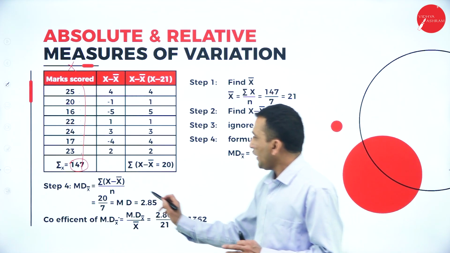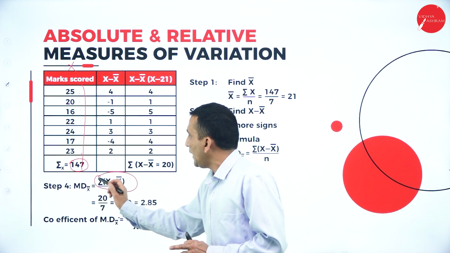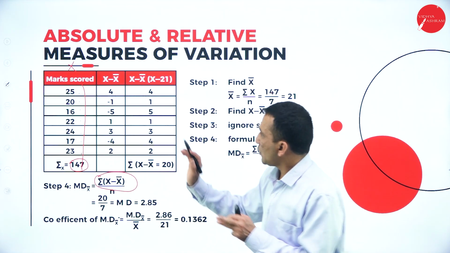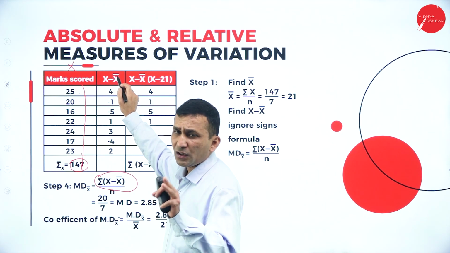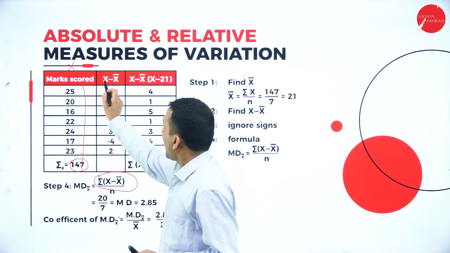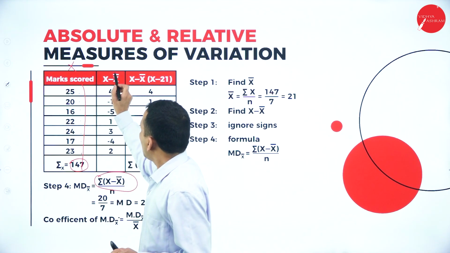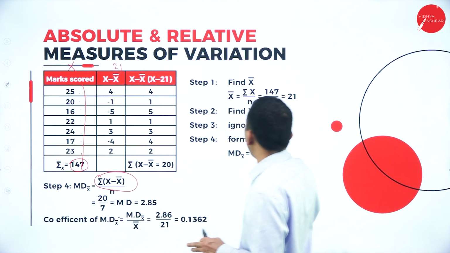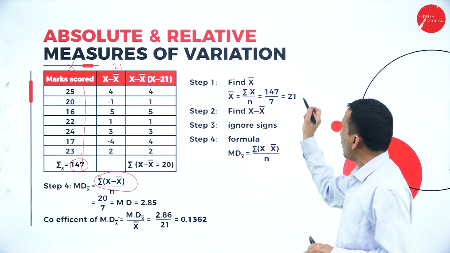Now according to the formula, whatever is required, we need to construct the table. Without ignoring the sign I am writing here x minus x bar. Here in the x bar place we have 21, because using the x bar formula we got 21.